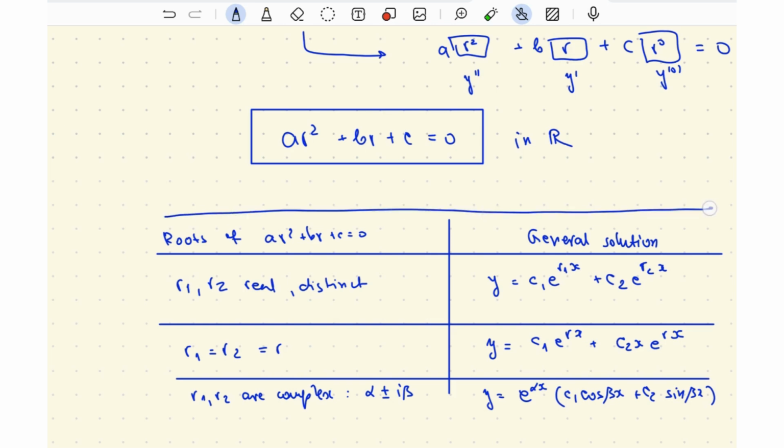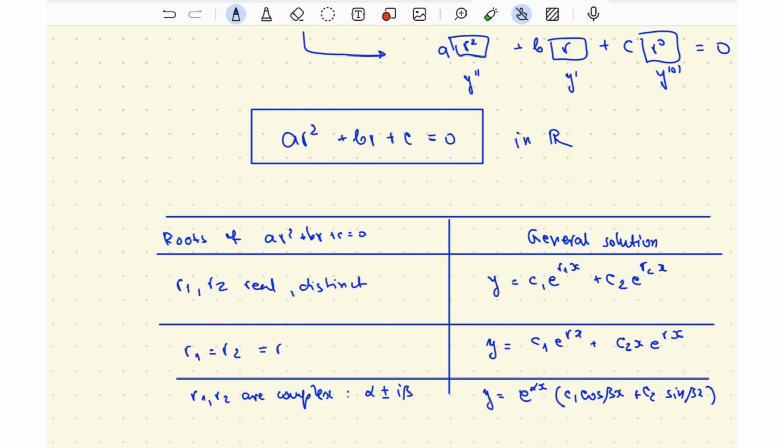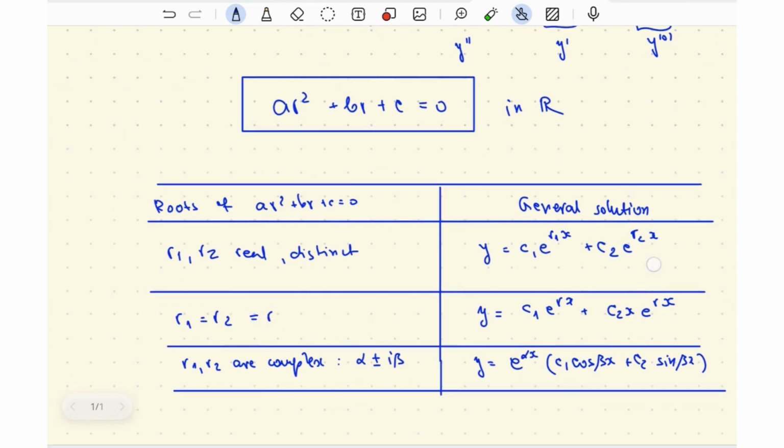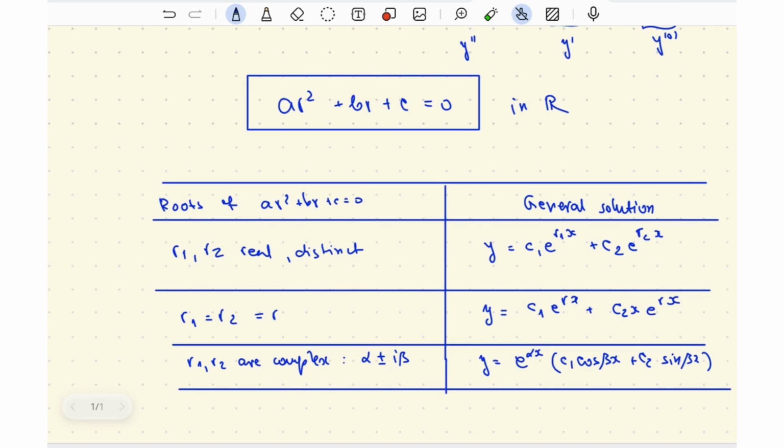So this is the table, and this is, as you can see, what makes these types of equations so easy. We just find out what the roots are and plug them into this form of the general solution, and that's it.